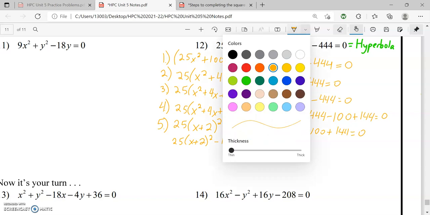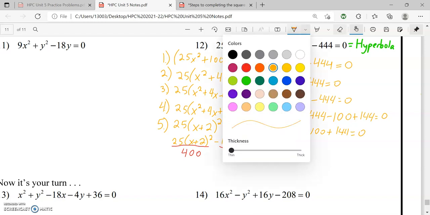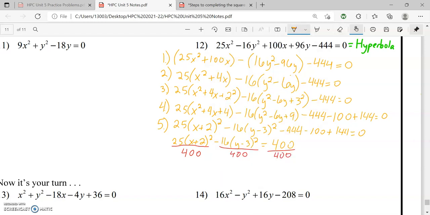So the first thing I'm going to do, and I'll even note this in red, is divide everything by 400. And in the end, what that gets us is 25 over 400 times x plus 2 squared, minus 16 over 400 times y minus 3 squared, equals 1.